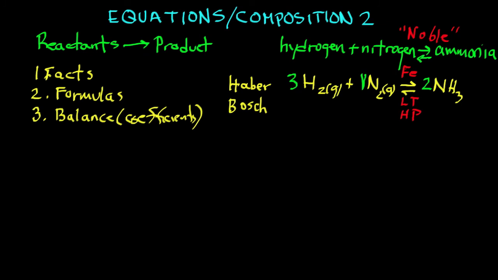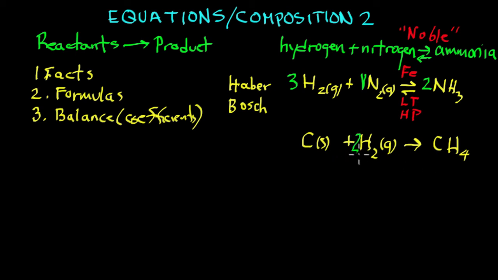Now, let's look at equation number 2. If we take carbon and hydrogen gas, and put them together, I'm going to skip the facts, I could write this equation, CH4. 2 hydrogens here, 4 there, I could put a 2 there, and it's balanced.